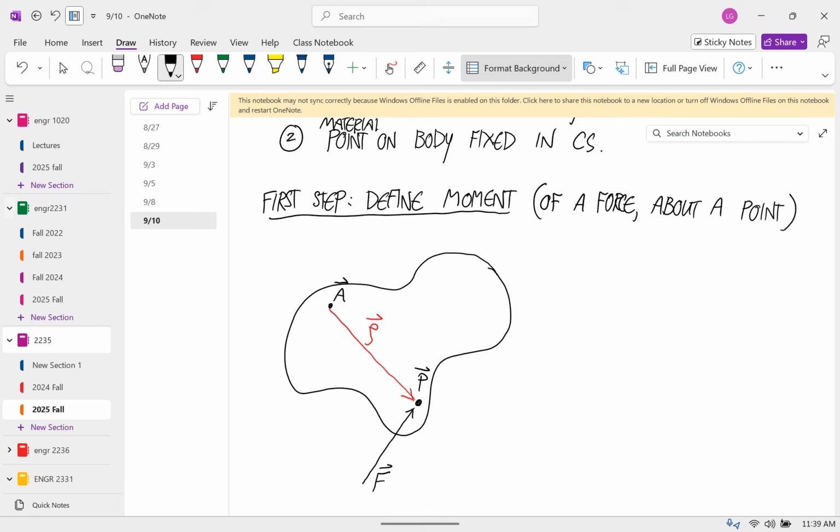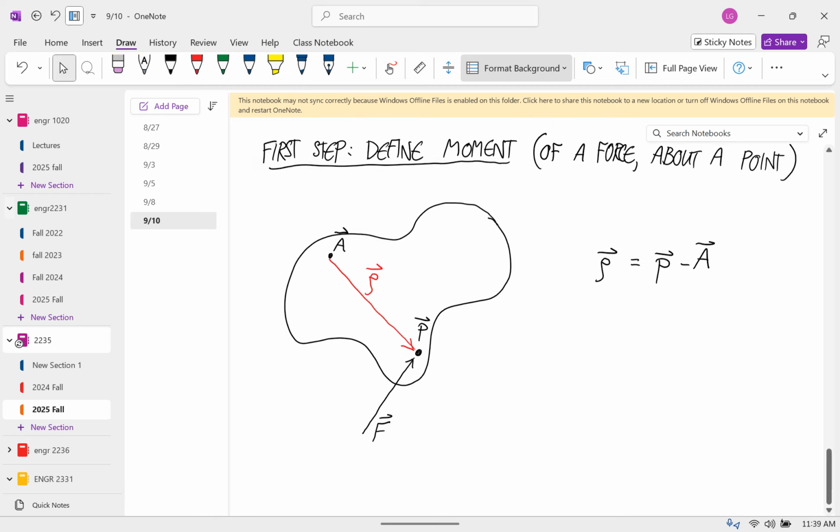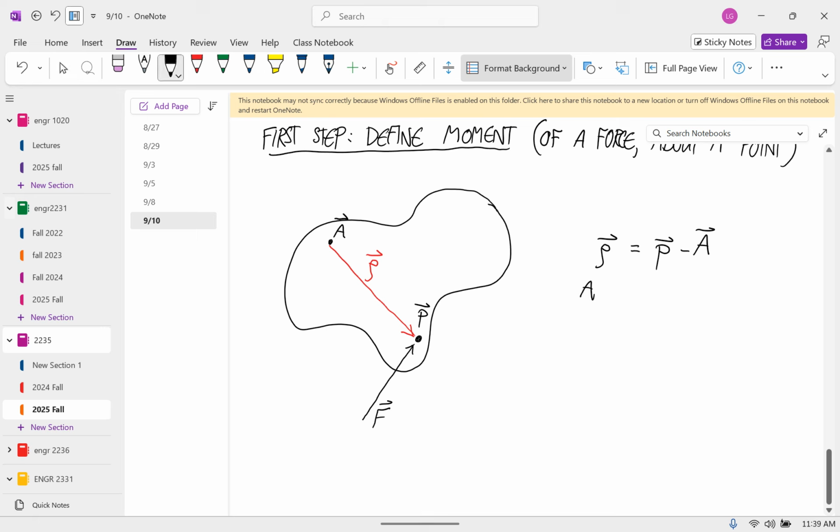And so if you wanted to calculate the components of that vector rho, you would do that by taking the coordinates of P and subtracting the coordinates of A. So A is the coordinates of the about point.